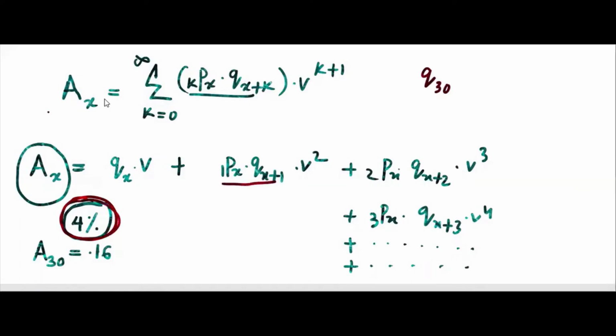Similarly, the probabilities you get from the table or from whatever formula you know. Using 4%, find V, V square, V cube. These are also given in the table at 4%. So you multiply all and go up to p_x. It will depend, because in total you have to go up to 120. If x is 30, I can write 120 minus x also. That way you calculate, whether the age is 30 or 40. That way you write all the terms.